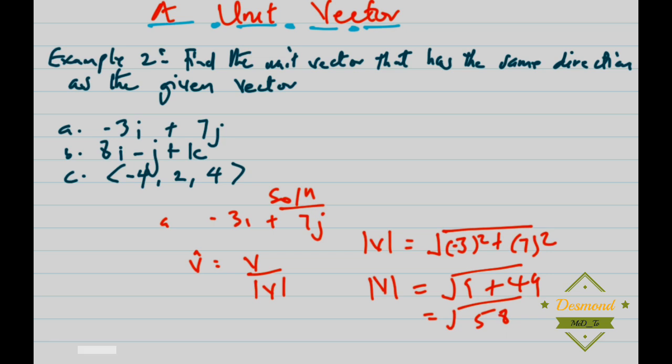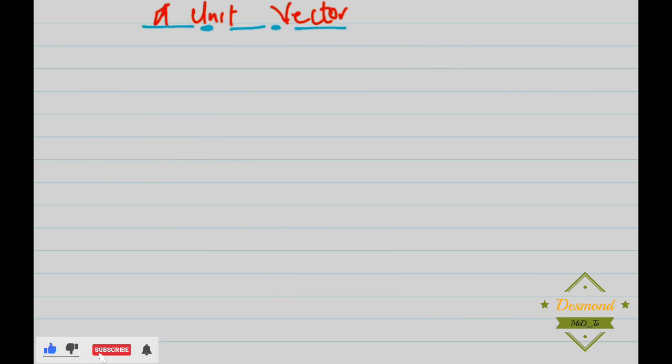Then with the 58, you can just divide it and get your answer. So we have negative 3i plus 7j, and you should get negative 3i plus 7j over the root of 58.